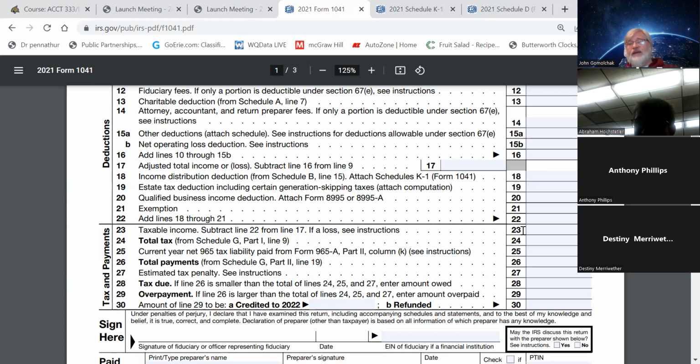If I have a capital gain and it's a complex trust and I distribute all income, line 23 is going to be $4,900. If it's an estate and I distribute all income and I have a $5,000 capital gain, line 23 is going to be 5,000 minus 600, 4,400. I know that because I've done this a million times. Okay, so I can look at your form and I can tell you what the numbers are going to be just because I've done so many of these.